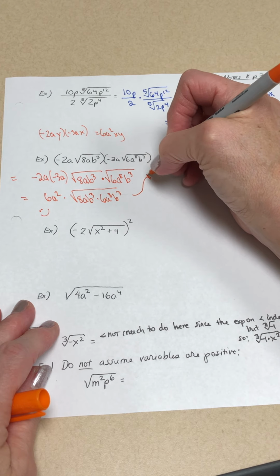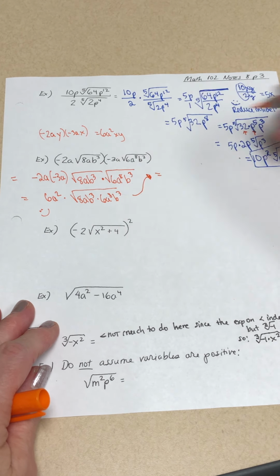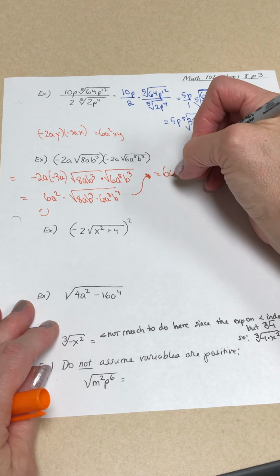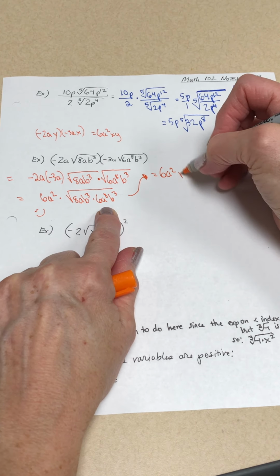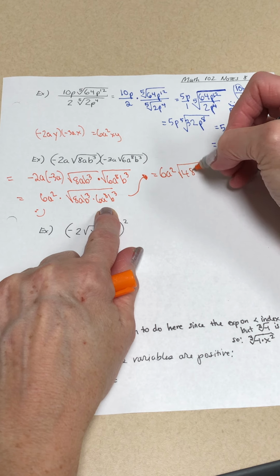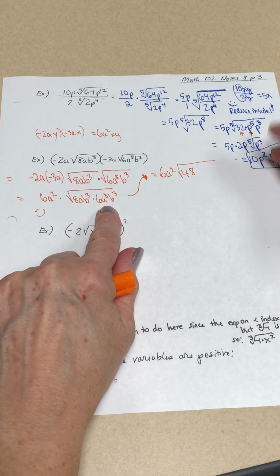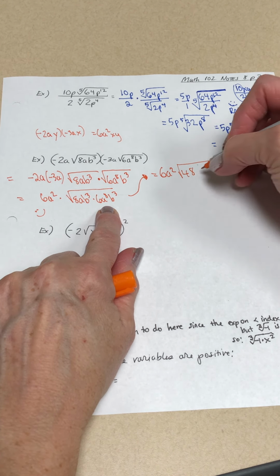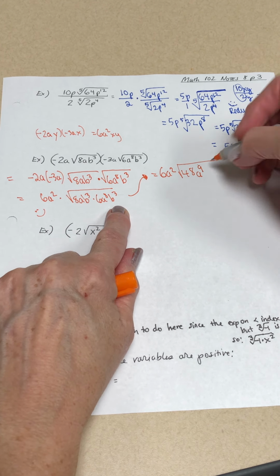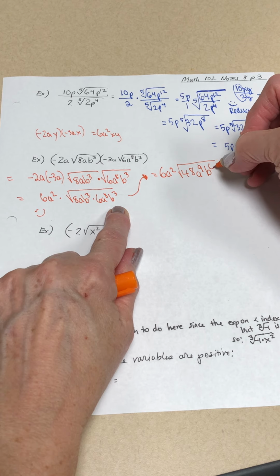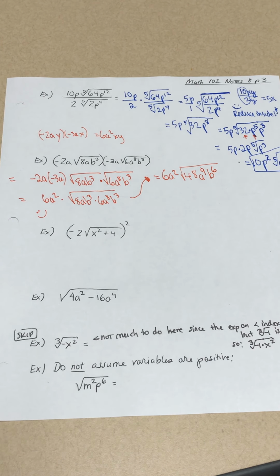And what makes this easier is you can simplify under the radical. So I'm copying over the 6a squared. 8 times 6 is 48. A times a to the 8th is a to the 9th. And b cubed times b cubed is b to the 6th. When you're multiplying the same base, you add the exponents.